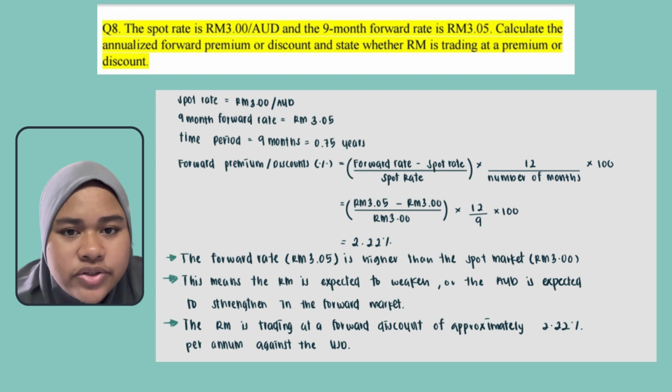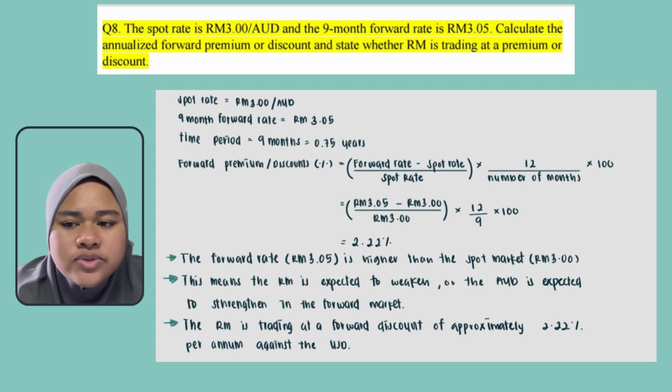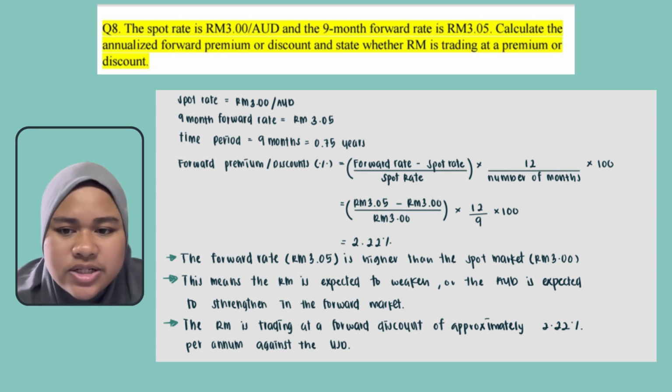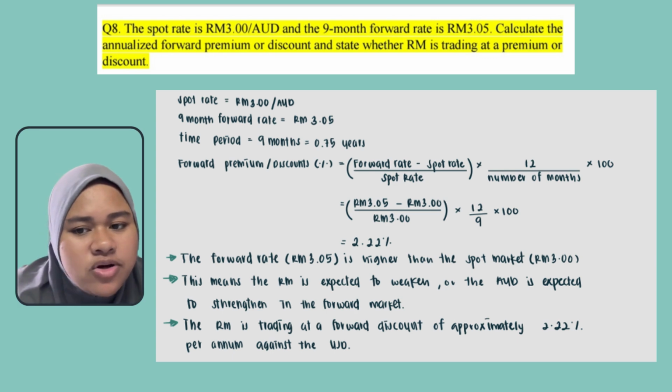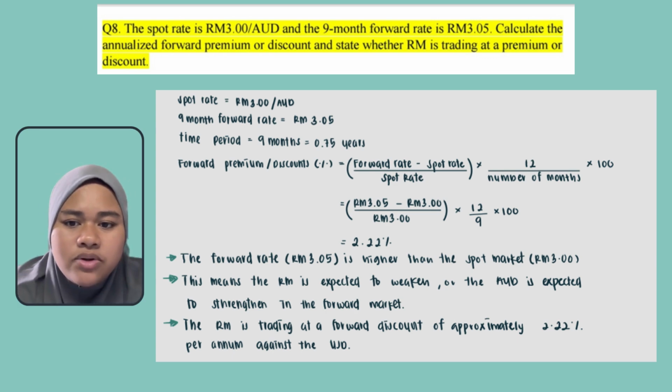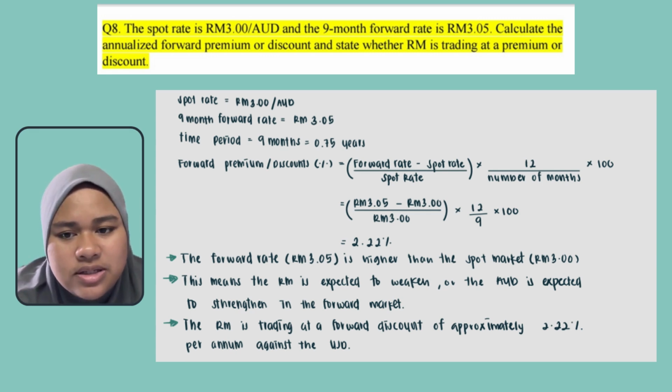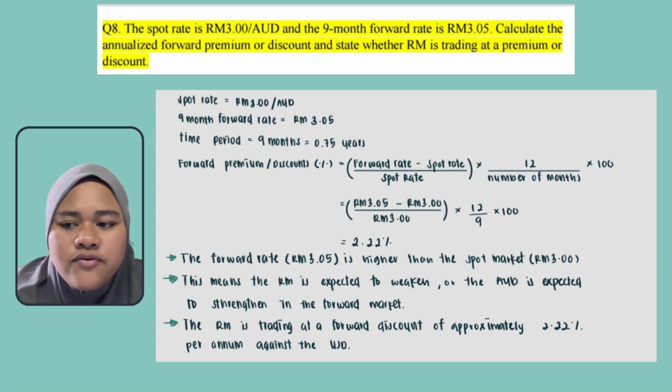The formula to determine the premium or discount is: forward premium or discount in percent equals forward rate minus spot rate, divided by spot rate, and the total needs to be multiplied by 12 over the number of months and multiplied by 100.